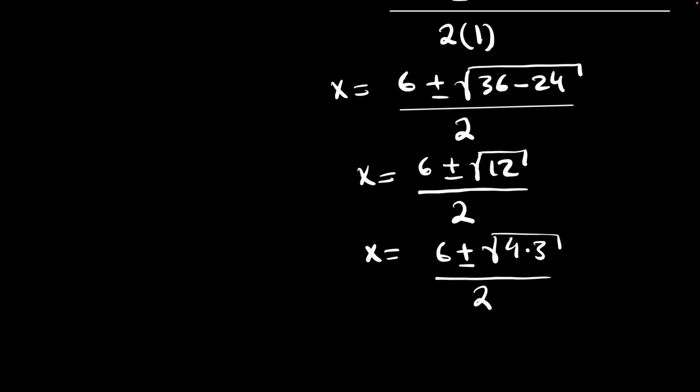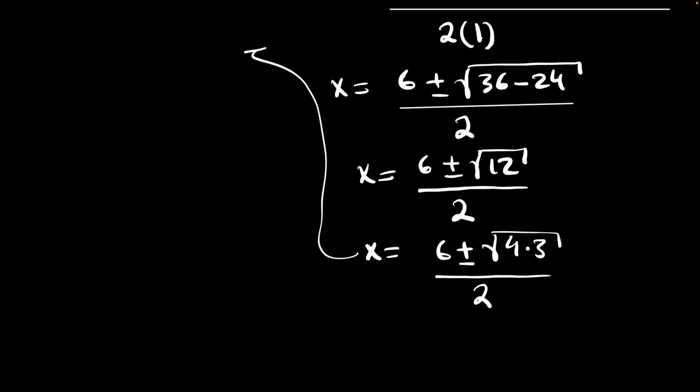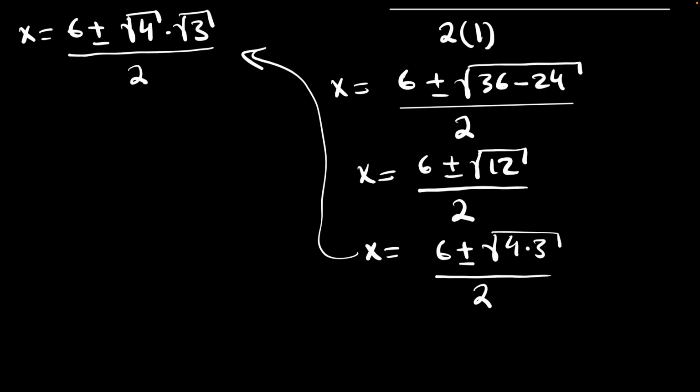I'm going to separate the square root for both of them: the square root of 4 and the square root of 3, over 2. Then x is equal to 6 plus or minus, the square root of 4 is 2, and the square root of 3, over 2. If you noticed, between these two terms we have 2 as a common factor.